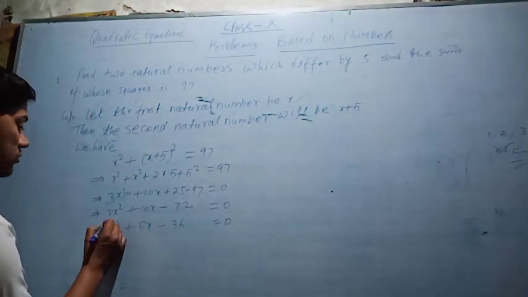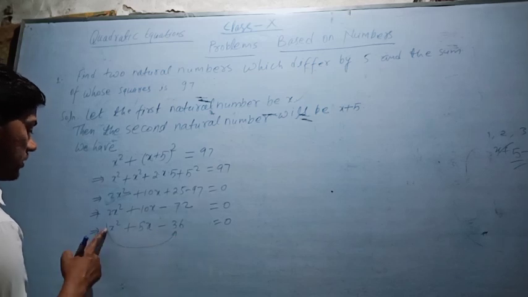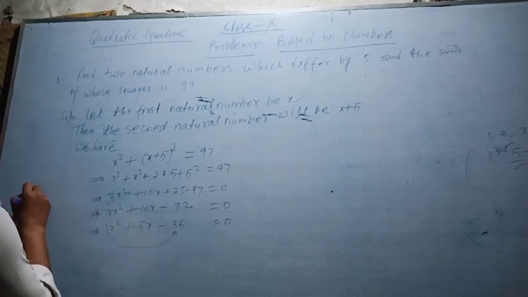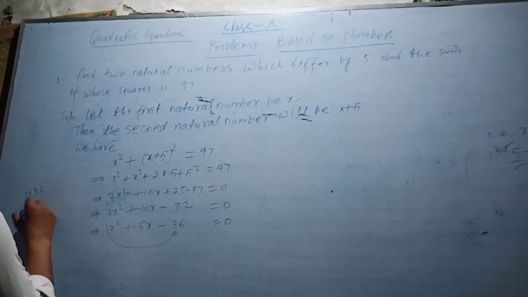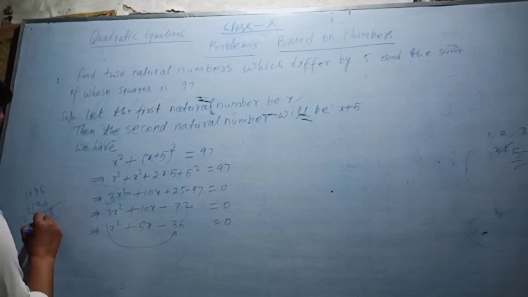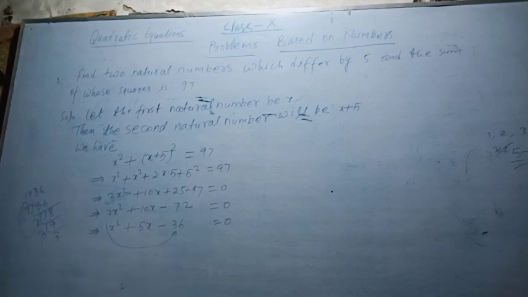Now first into last, 1 into 36 is 36. Factorize it: 2 18s are 36, 2 9s are 18, 3 3s are 9, so 4 and 9, 9 times 4 is 36 and 9 minus 4 is 5.